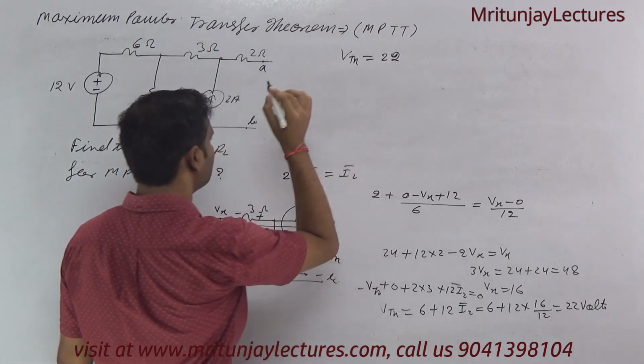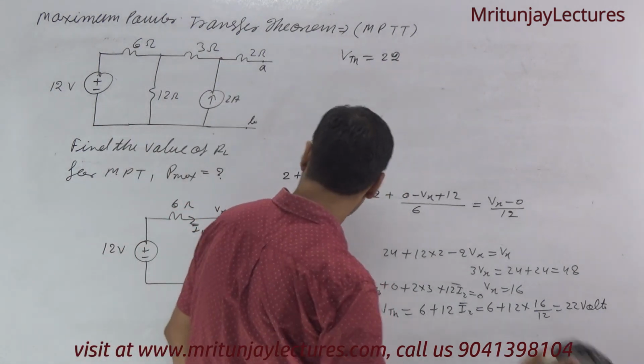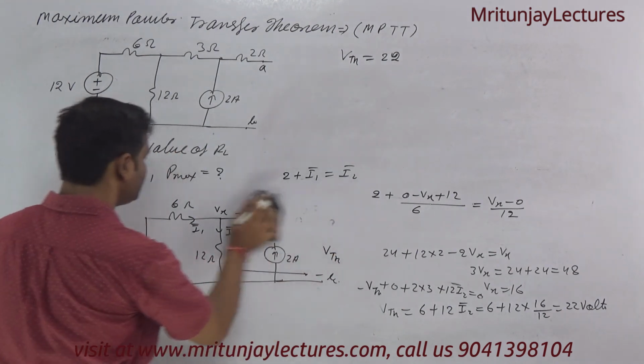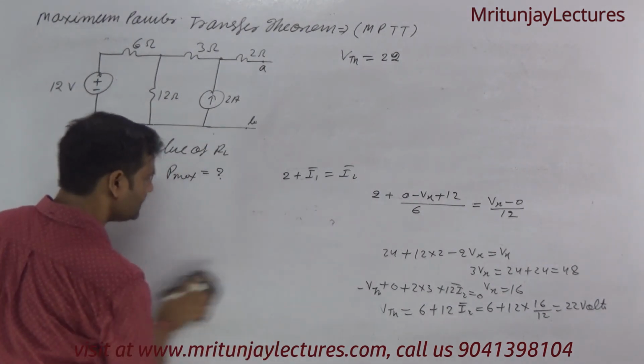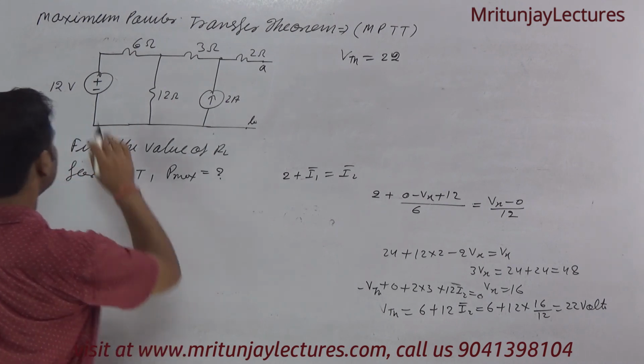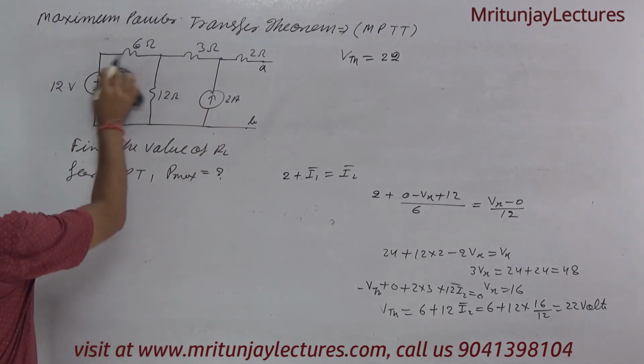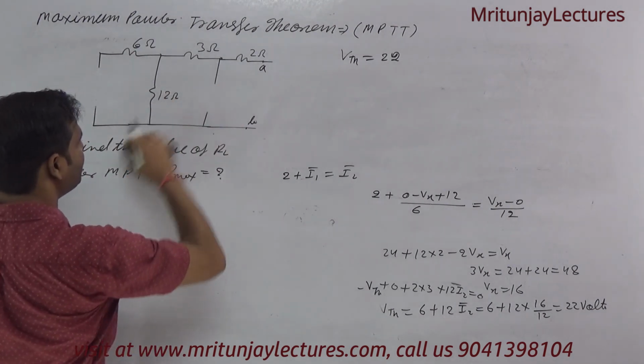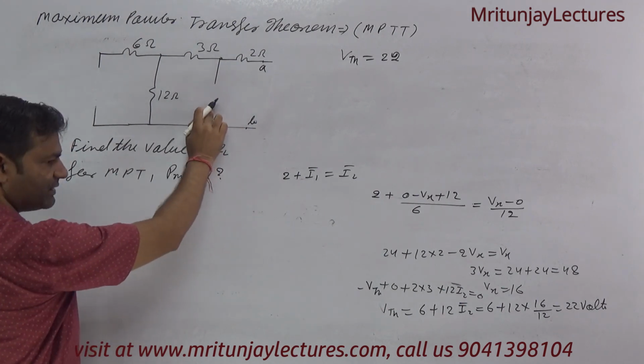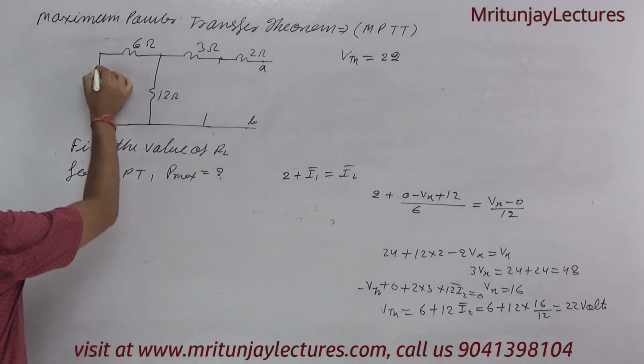Okay, now what about RTH? To determine RTH, first of all this one and this one are removed. The current source becomes an open circuit, and the voltage source is short circuited.